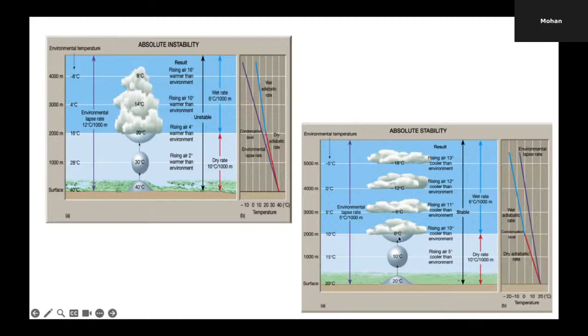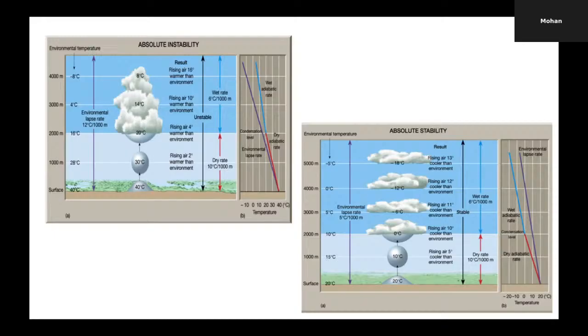See, absolute stability does not mean you completely disregard moisture in the atmosphere. You cannot completely delineate the moisture, right? Moisture will be there everywhere, whether it rains or doesn't rain. But the condition in the boundary layer is much more stable than when you have moisture in it. Total air is a combination of moisture and dry air, and you cannot completely separate the two.